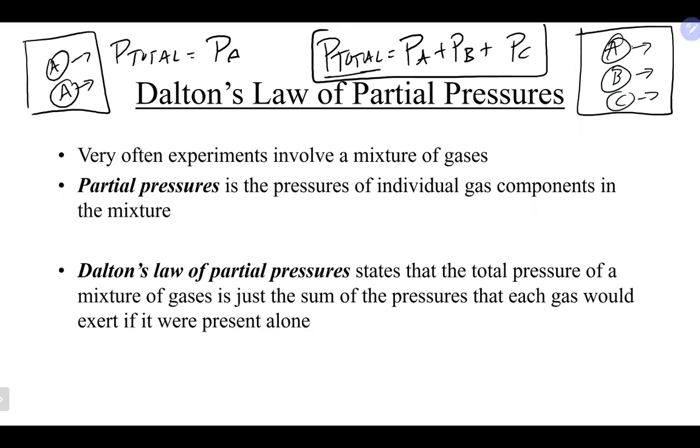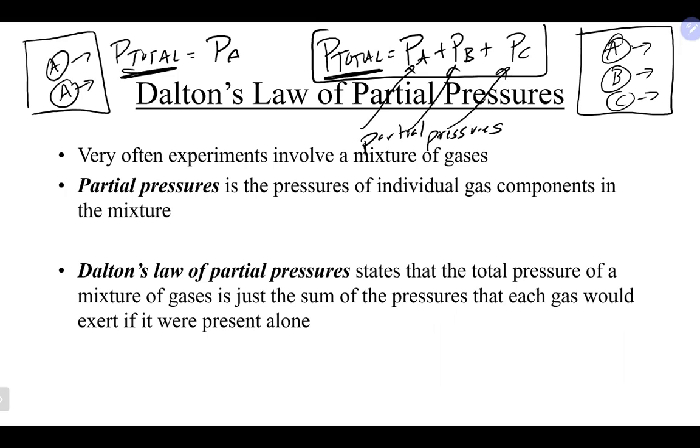The total pressure, by the way, is like your barometer reading, like you did in those experiments. These are sometimes referred to as partial pressures because they each partially contribute to the overall pressure of that mixture.